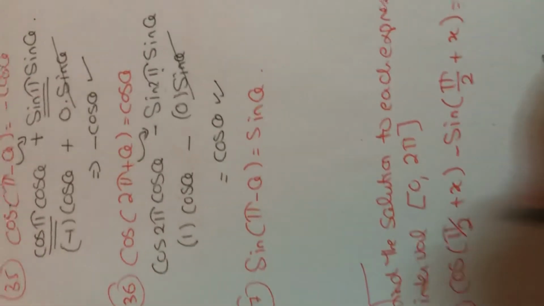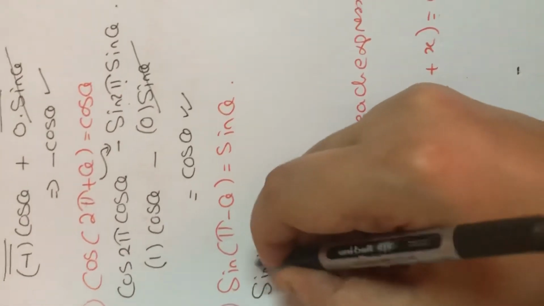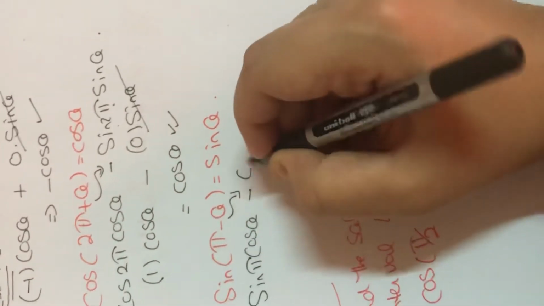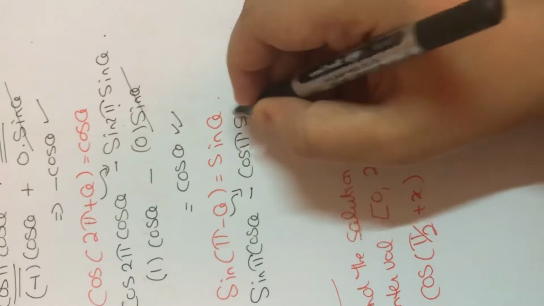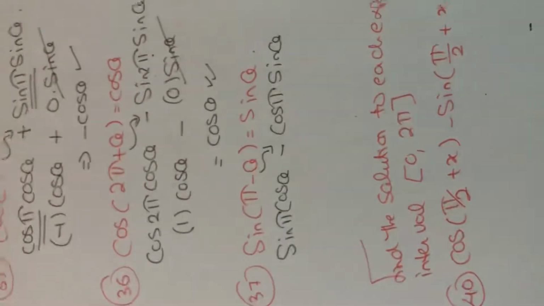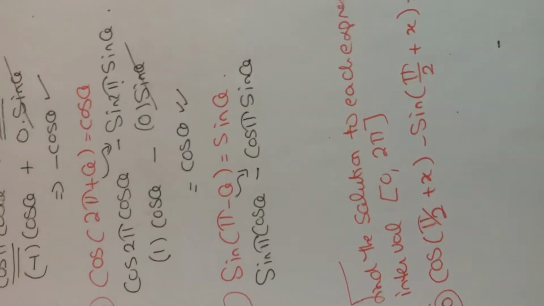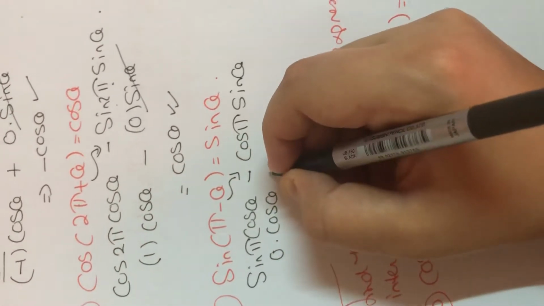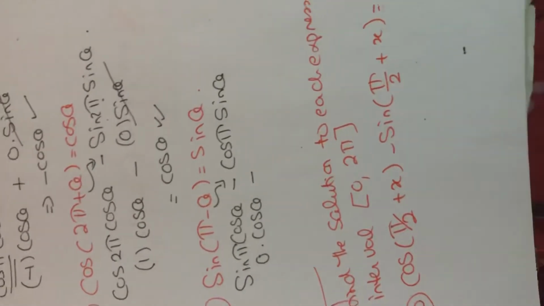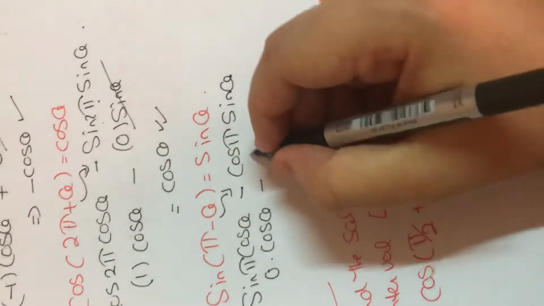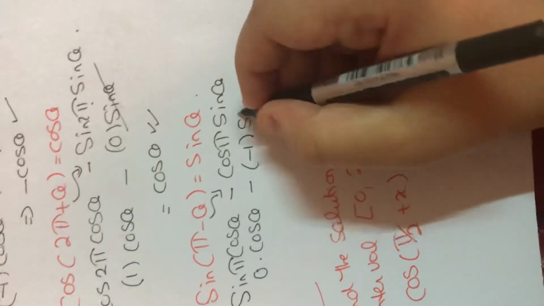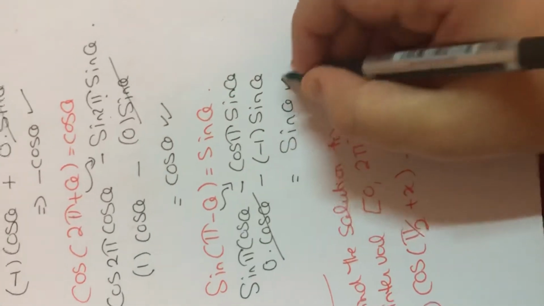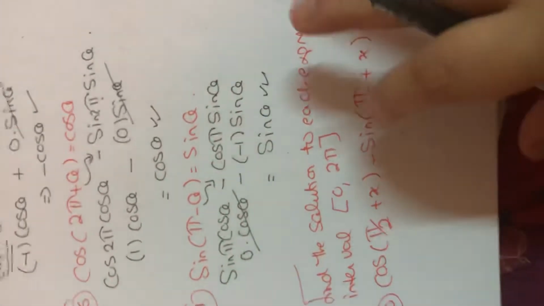So in sine, we use sine cosine, sine pi cosine theta, the same sign, cosine pi sine theta. Sine at 180 is 0 times cosine theta minus cosine at pi, which is 180, is negative 1 times sine theta. This is gone and you ended up with sine theta, and here I proved it.